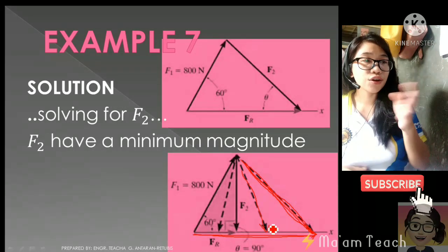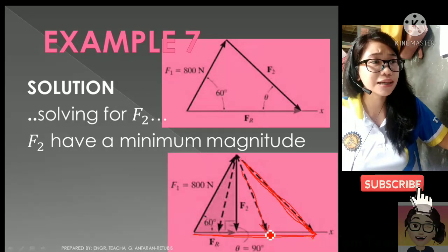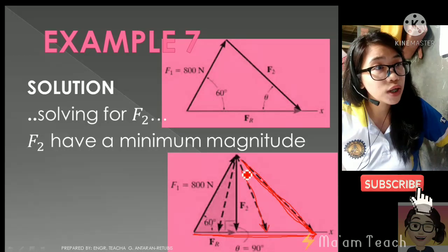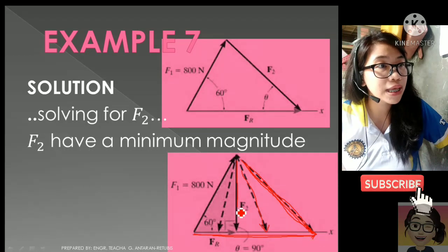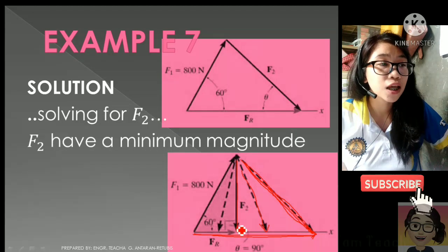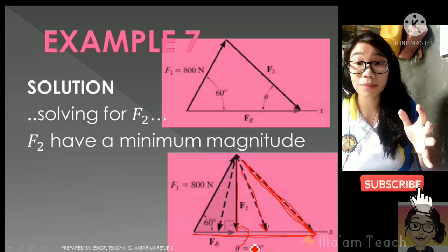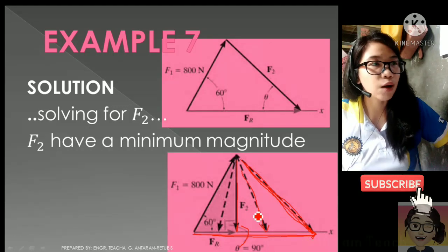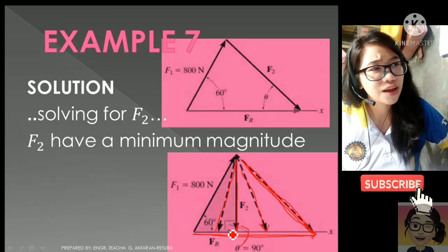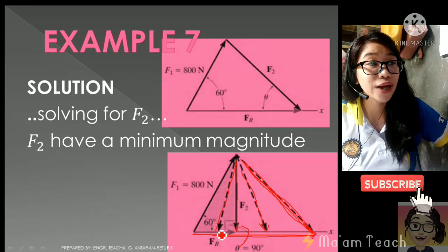If you go further from the x-axis or go backward to the x-axis, the length of the f sub 2 lessens. As well as here, class, if we make it exactly perpendicular to the x-axis, which is at the angle of 90 degrees, it will also be a little bit shorter. Now, take a look, if our angle will be less than 90, what happens to your f sub 2?